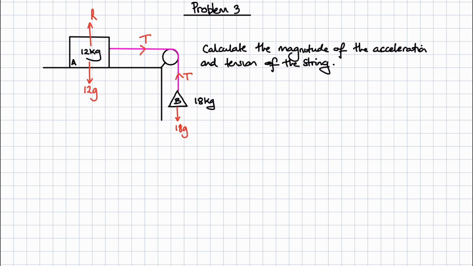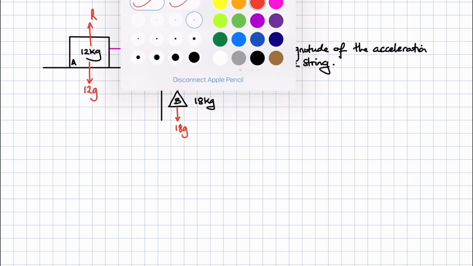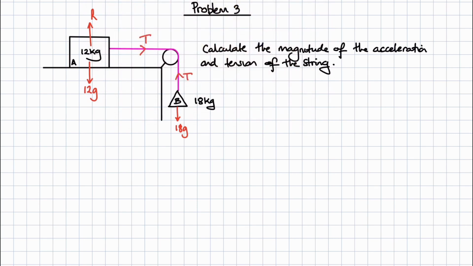Now in this particular problem, we're going to assume that the horizontal surface is smooth, so that when the object is moving, there will be no resistance force. On this diagram, we've indicated all the forces. There's only one thing missing that we need to also include, and that's the direction of motion.